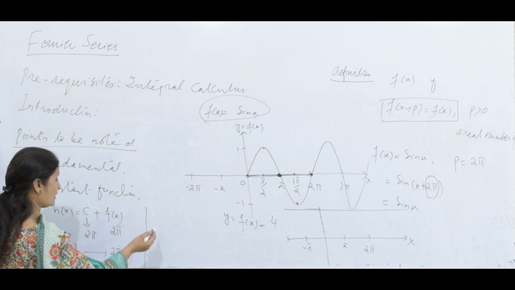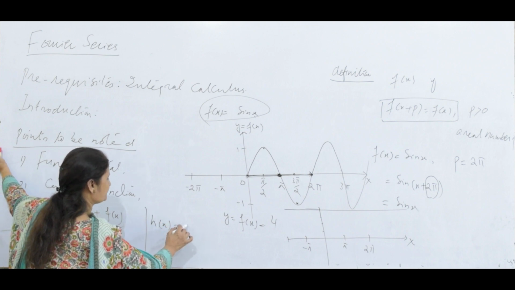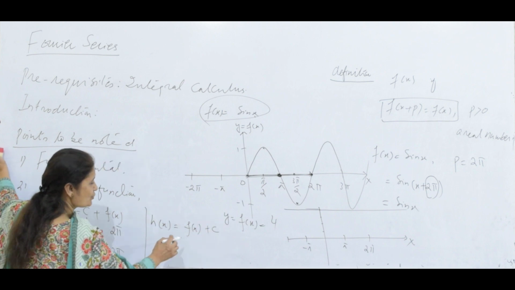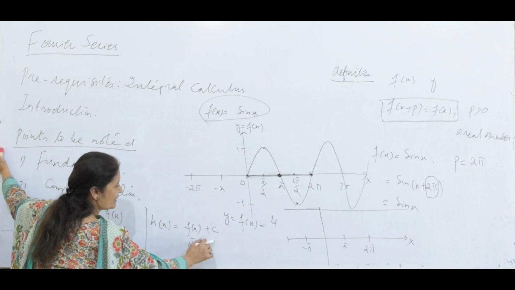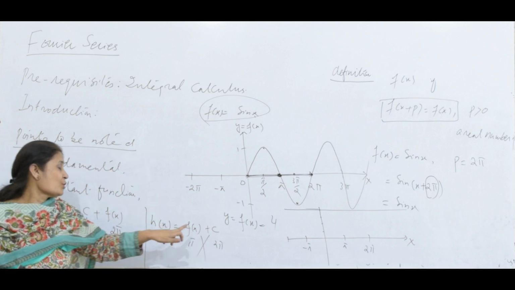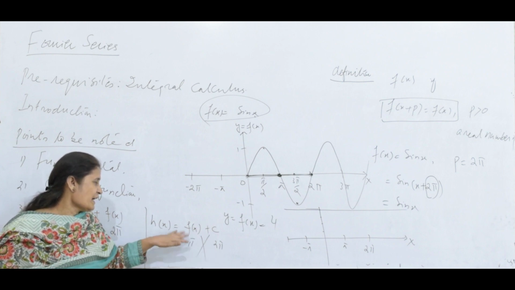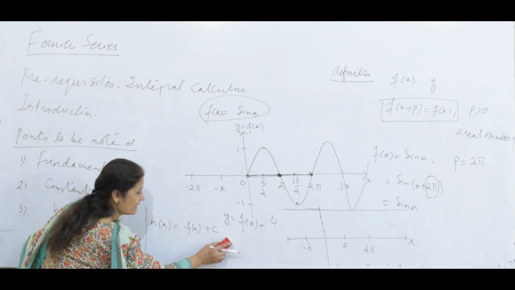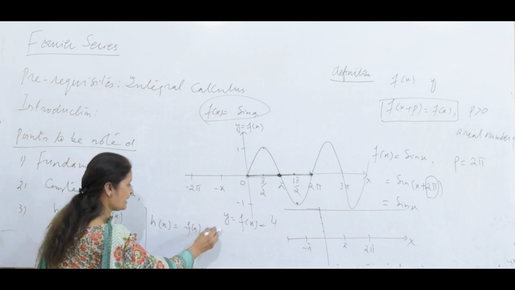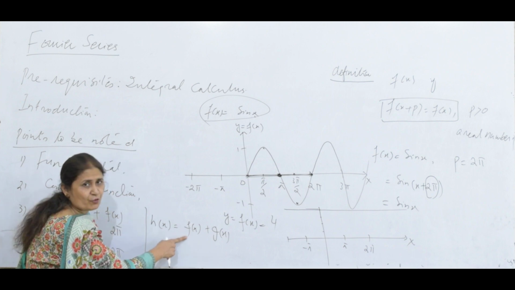Suppose I take a counter example: h of x is a function, f of x is a function plus c. You said its period is pi, and the other's period is 2 pi. You cannot add them. So the constant function will attain the period of the function which is added or subtracted. Then you can add them, or two functions having the same period. Let me have another function g of x, and f of x is a function.